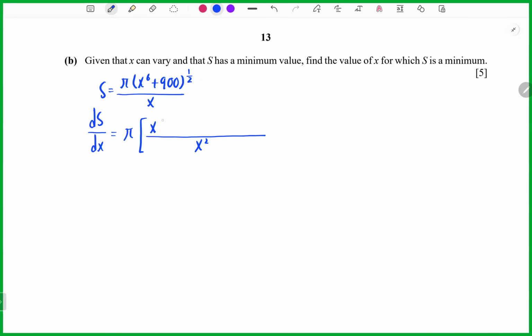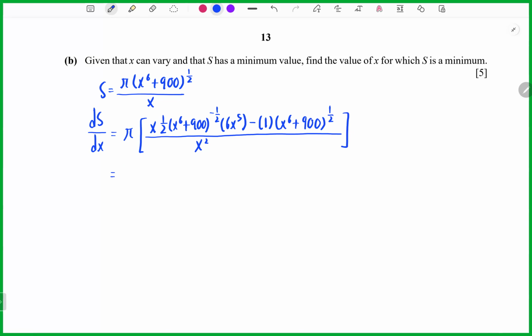We copy and then differentiate: 1 over 2, bracket x power 6 plus 900, negative 1 over 2, brackets 5x, in 6 power is 5. And then minus, differentiated, so we get 1, and then copy back x power 6 plus 900 to the power 1 over 2.